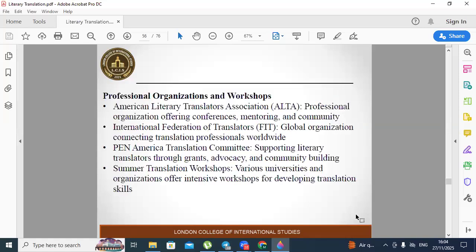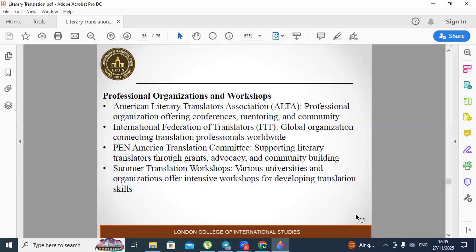Now let's move to professional organizations and workshops. American Literary Translators Association, ALTA, professional organization offering conferences, mentoring, and community. International Federation of Translators, FIT, global organization connecting translation professionals worldwide.